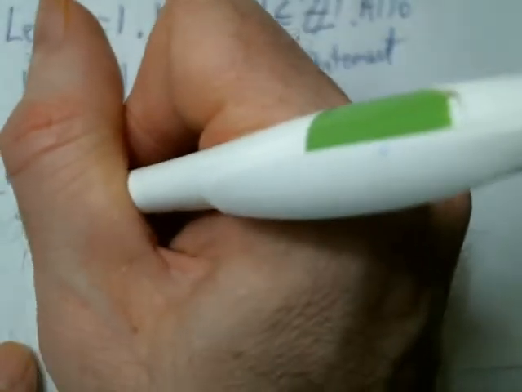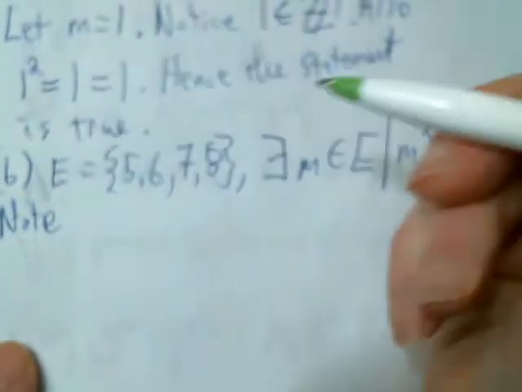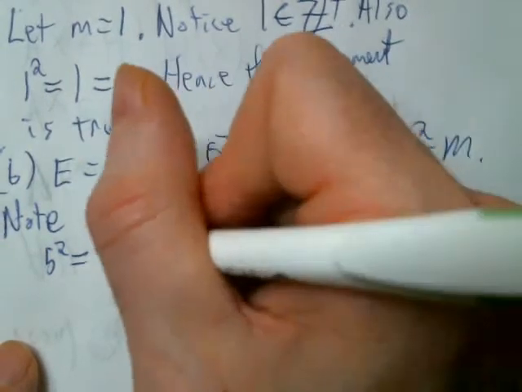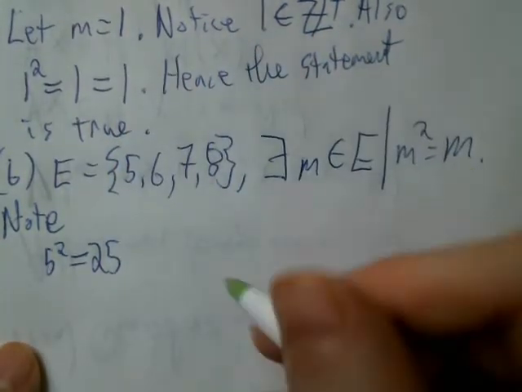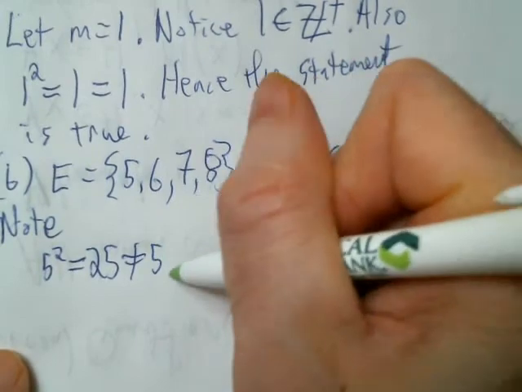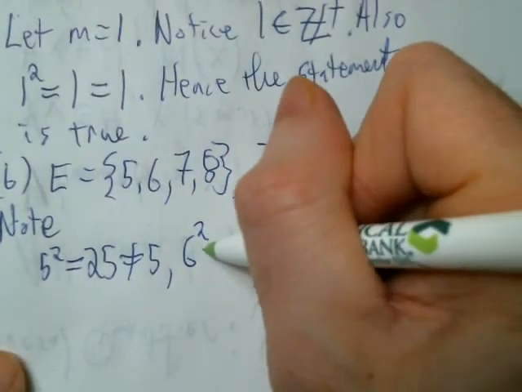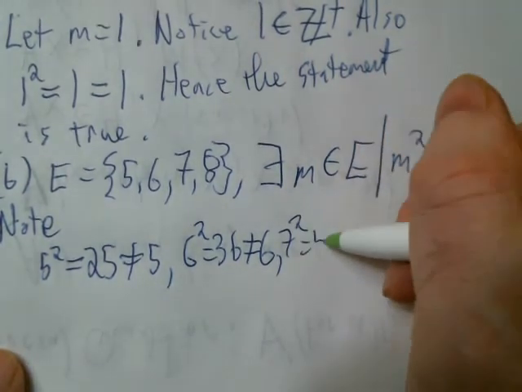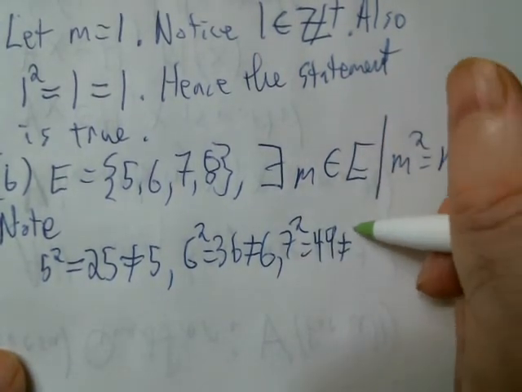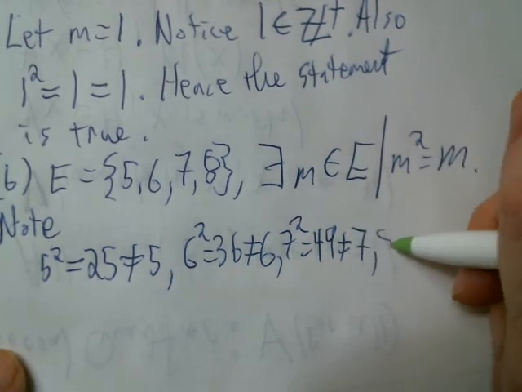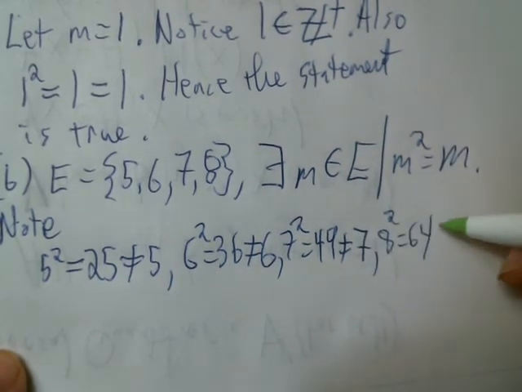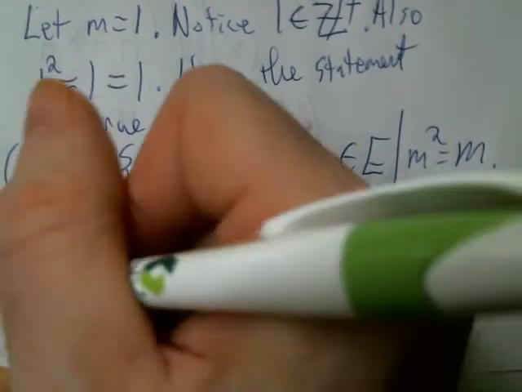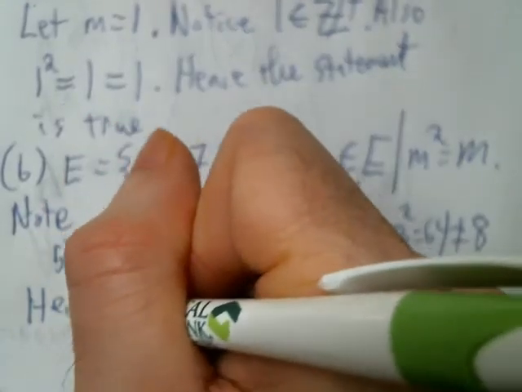So notice 5 squared equals 25, but that does not equal 5, so that didn't work. 6 squared is 36, but that does not equal 6. 7 squared is 49, but that does not equal 7. And then finally, 8 squared is 64, but that does not equal 8. So there does not exist such an m. It does not work. Hence, this is not true.